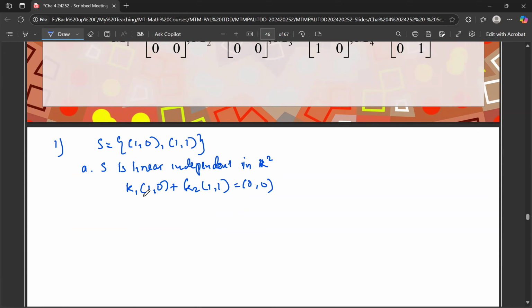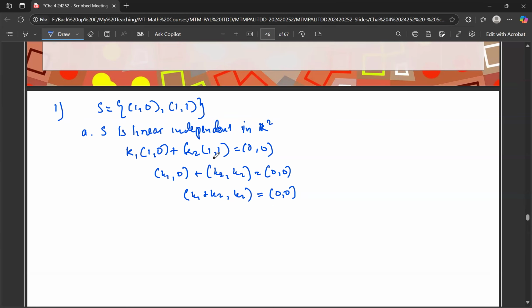We multiply k1 by (1, 0), we have (k1, 0). Here we have (k2, k2), and then (0, 0). Then we add two vectors. We have k1 plus k2 in the first component. In the second component is k2, and this is (0, 0).